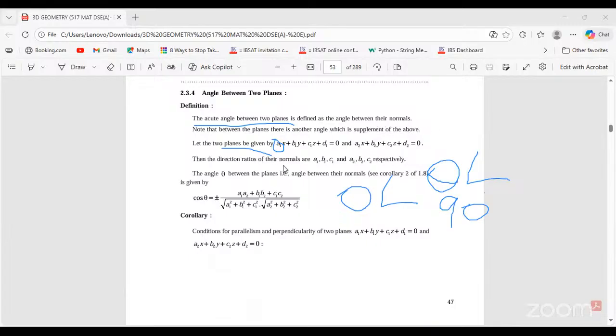Then the direction ratios of the normals are a1, b1, c1 and a2, b2, c2 respectively.